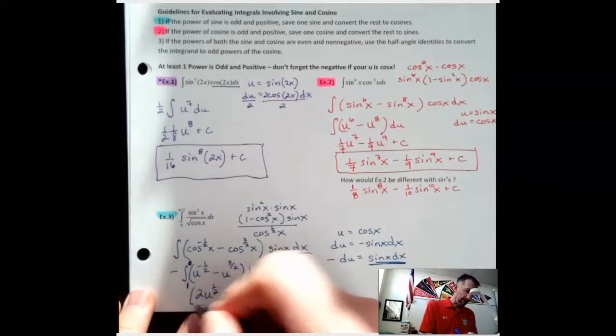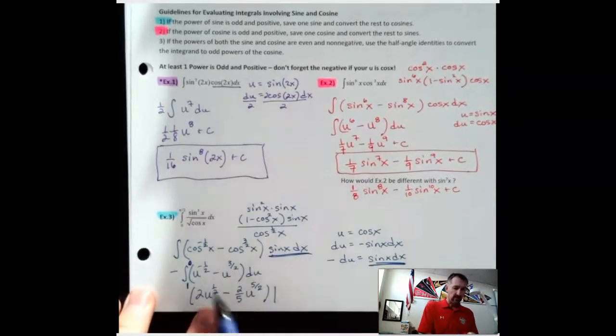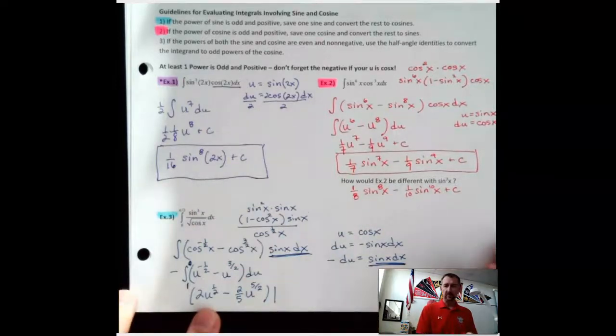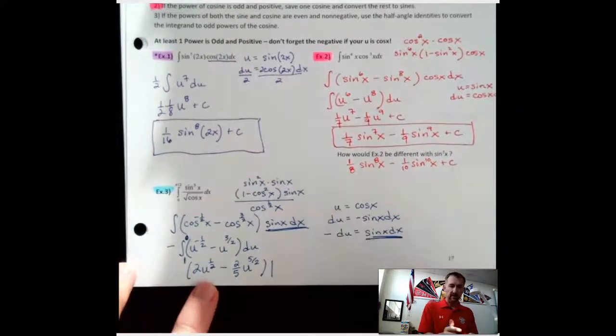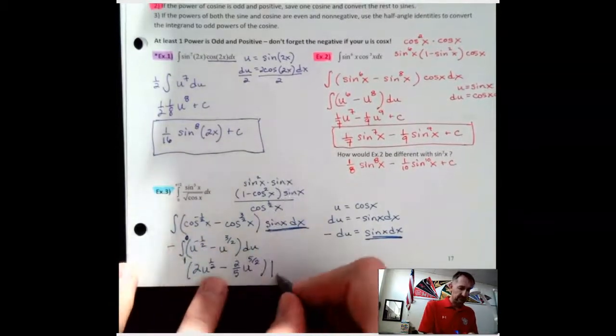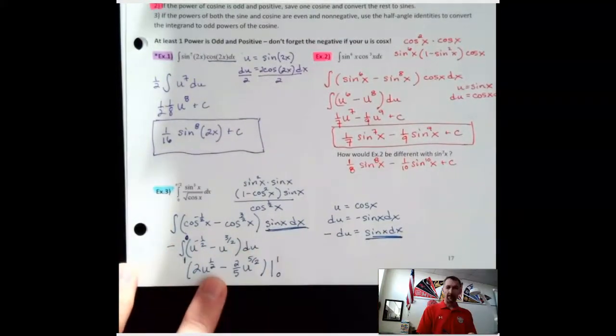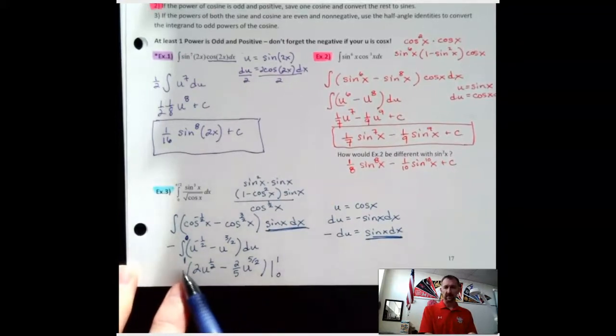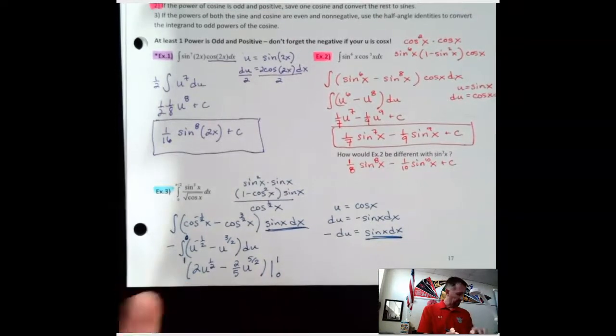Now, if you think about it here, we would need to switch these limits of integration, and when we switch those, we take the opposite, so that negative is going to become positive as we switch those. Okay, so we switch the limits of integration. That makes it the opposite, but it was negative, so the opposite of negative is positive.